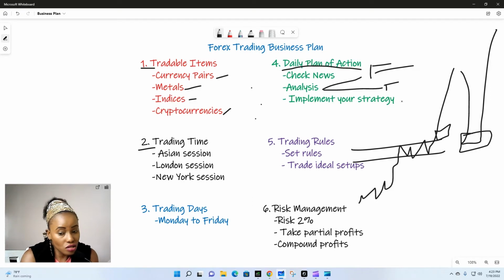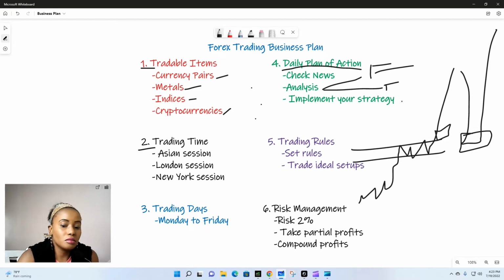Rules for entry: if you want to wait for a confirmation candlestick pattern like an engulfing pattern. Rules for risk management: what percentage do you want to risk in that trading session? Rules for your exit: how many pips do you want to collect during that trading session? Then you implement your trade.